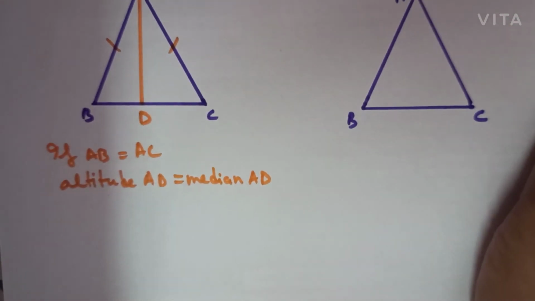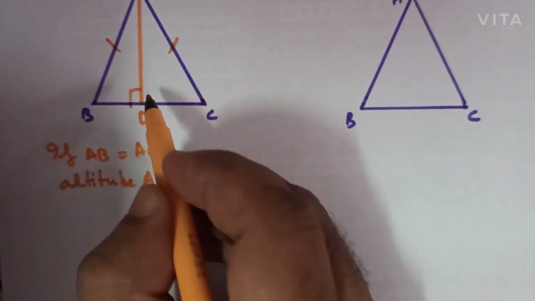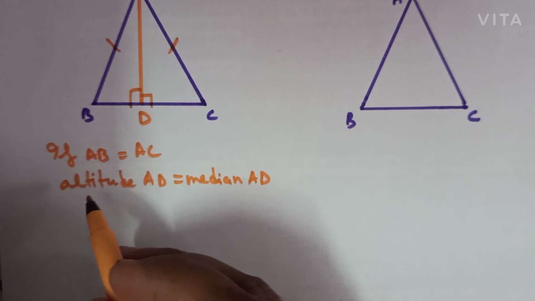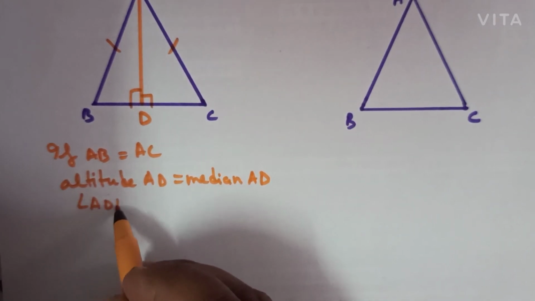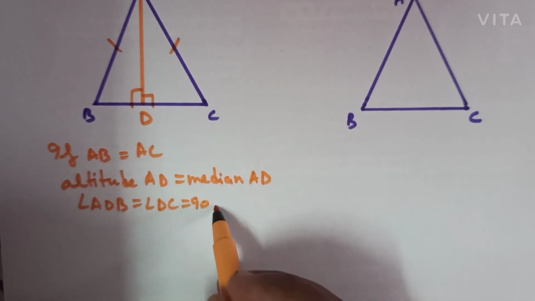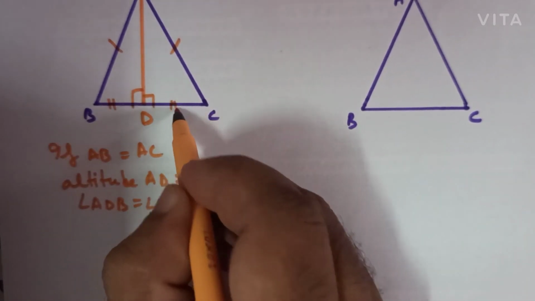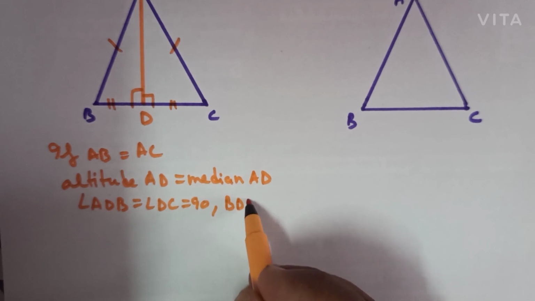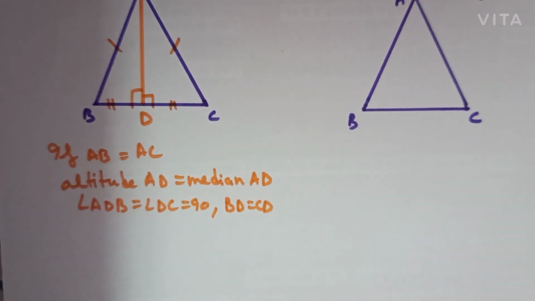That means that angle ADB and angle ADC will be equal to 90 degrees, as well as BD and CD are equal. I hope this point is clear.